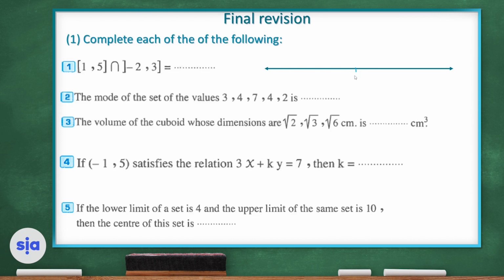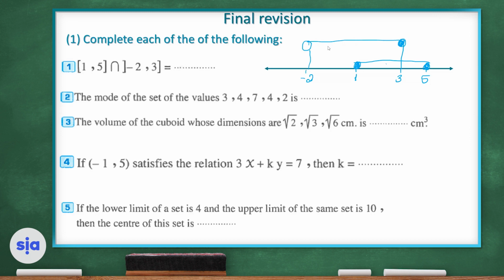So here's the 1 closed, going through 5 closed, connecting between them, and then the other interval from -2 opened, going until the 3 closed, connecting between them.